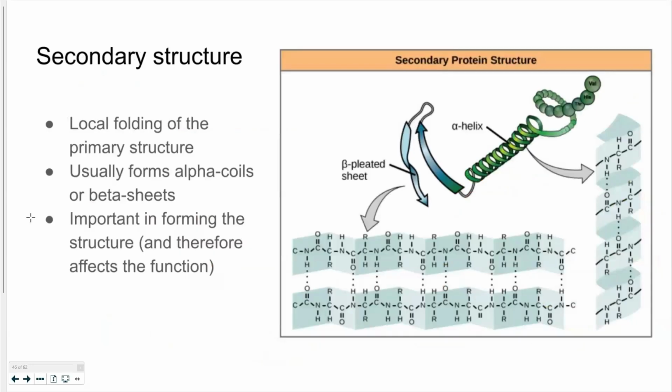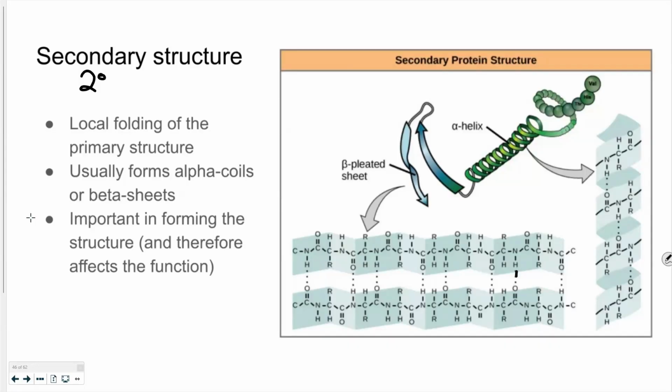Okay, so we talked about the primary structure. That's just the order of amino acids. Next is our secondary structure. Again, if you want a shorthand, I just do a 2 with a little degree mark. That means secondary. And this is the interactions between the amino acids, whether they're hydrophilic or hydrophobic, whether they can form these hydrogen bonds.